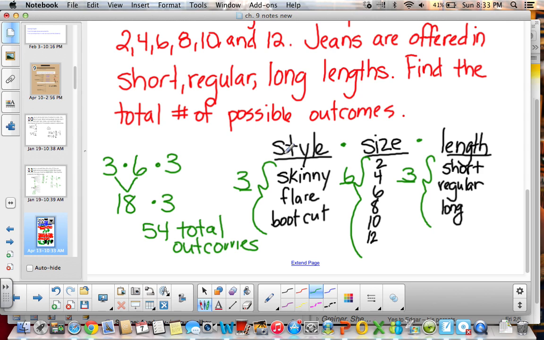But an easier way is just to take the number of options for style, the number of options for size, and the number of options for length, and multiply them together. And we get 54 total outcomes. So 54 total different jeans that we could pick based on style, size, and length.